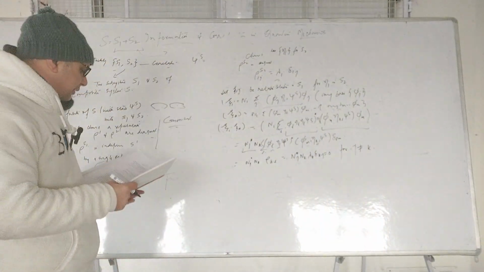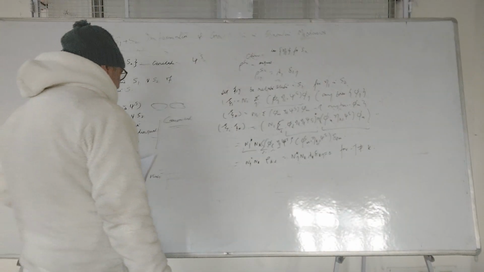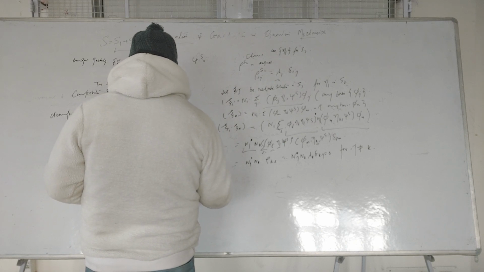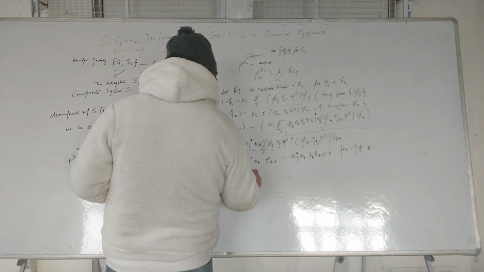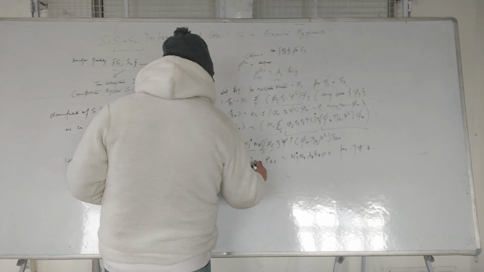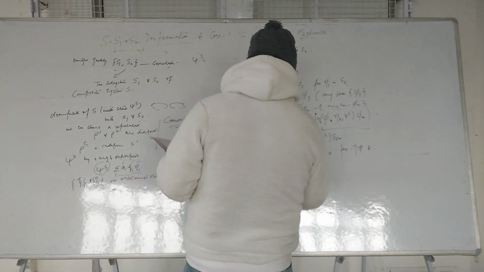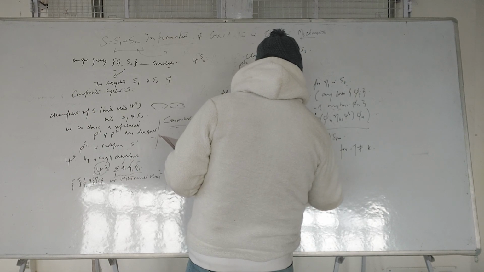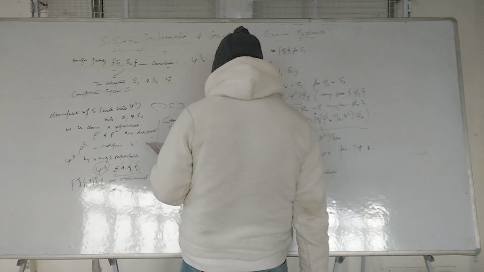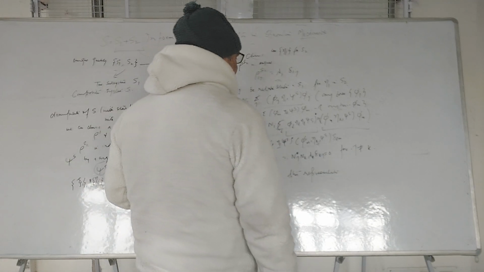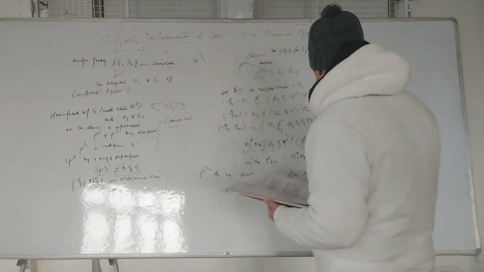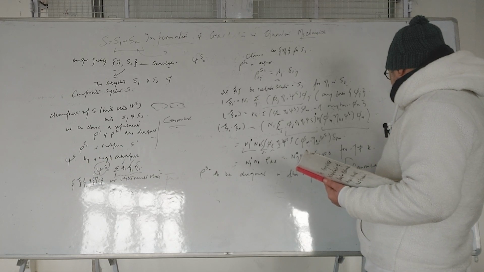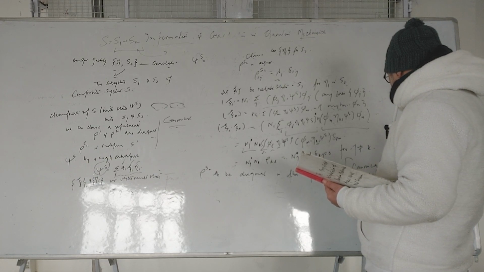Since we suppose rho of S2 to be diagonal in this representation, we have thus constructed a canonical representation.